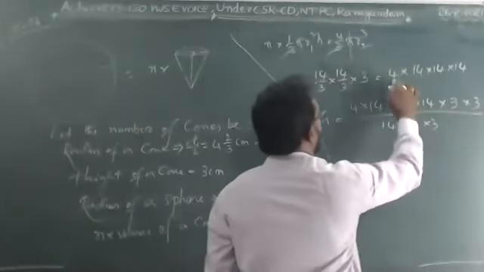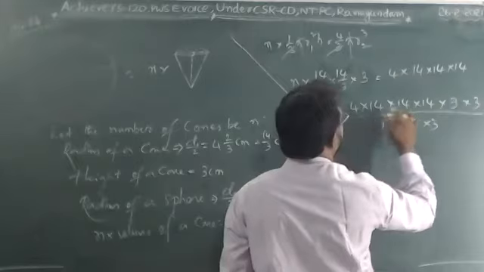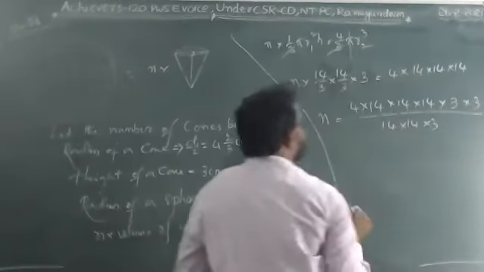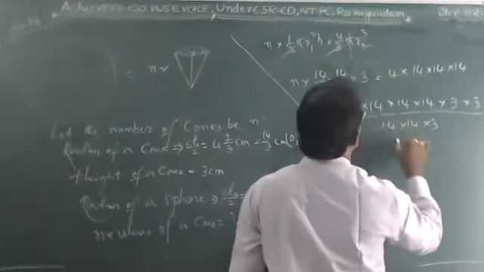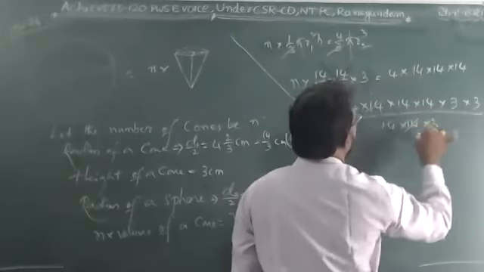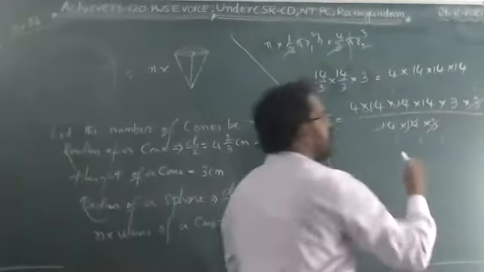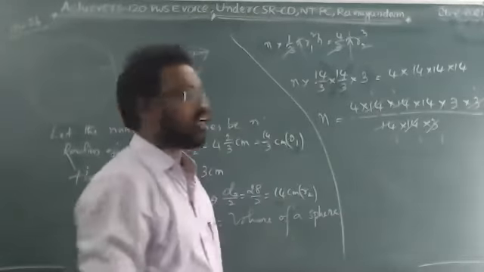Here the 14s and the 3s cancel, and the denominators are cancelled, completed. Now the numerator.